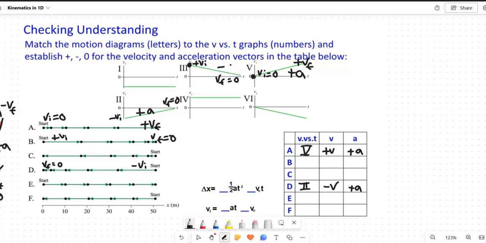And so that's going to be a negative acceleration because the slope of that line is negative. So it looks like B matches up with Roman numeral 3, which is a positive velocity, a negative acceleration, and that final velocity is also 0. So negative acceleration, positive velocity, and final velocity is also 0 on this one.